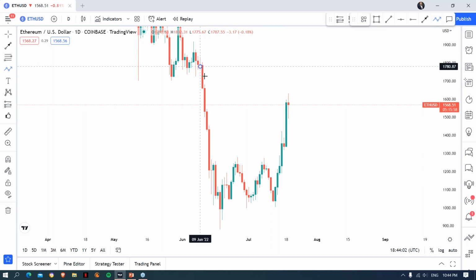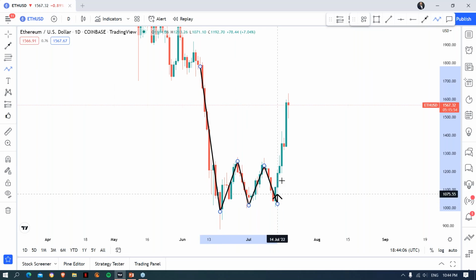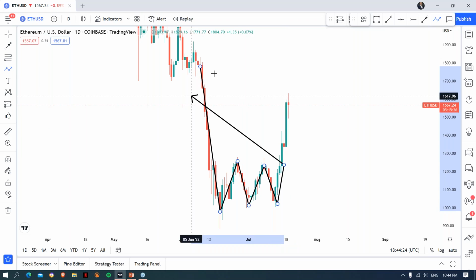So the trend started here. 1, 2, 3. This was our entry point around the 1250 basically. If you entered around this area, you already made amazing profit, and we don't think the trend is going to end here because the pattern is not complete yet.